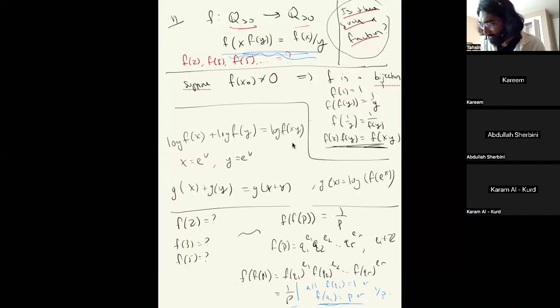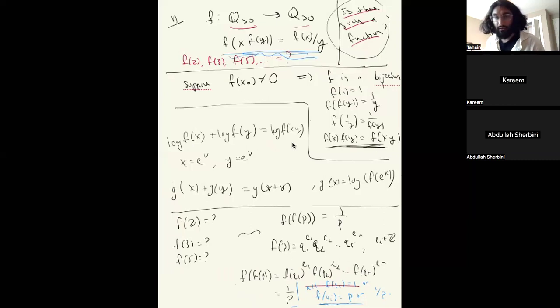Because f is a bijection, this case is impossible, and we already know f of 1 equals 1. Does that make sense?